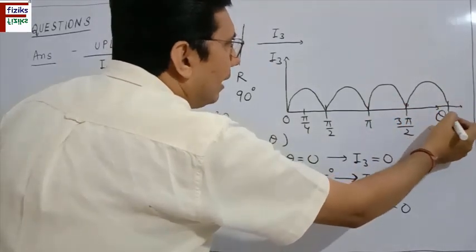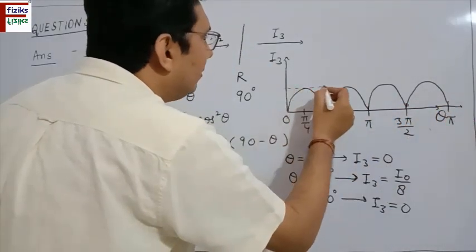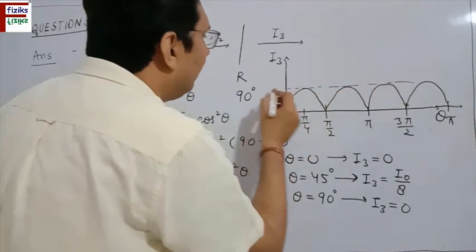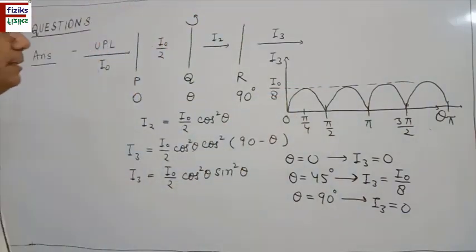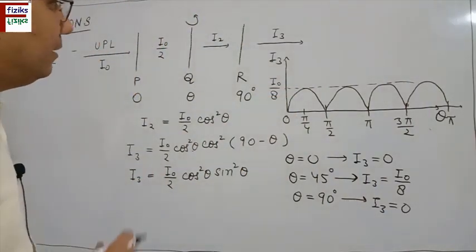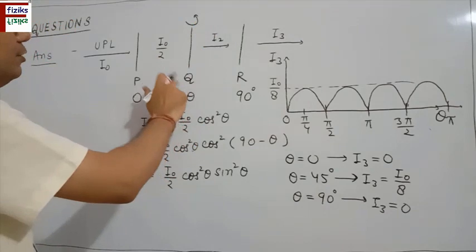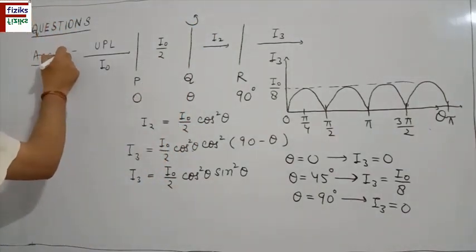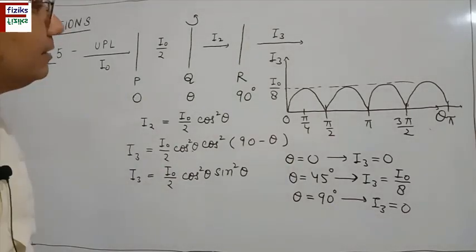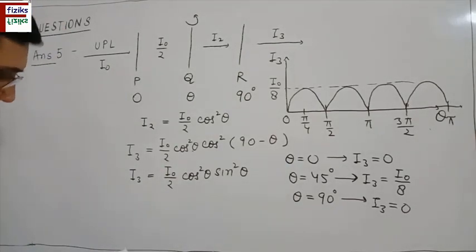The maximum intensity will be at 45 degrees and this will be I naught by 8. So this is the intensity plot of I3 as a function of the rotating angle of this cube. This is the solution of question number 5. In this way you can solve question number 5.